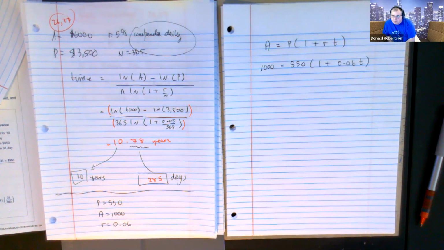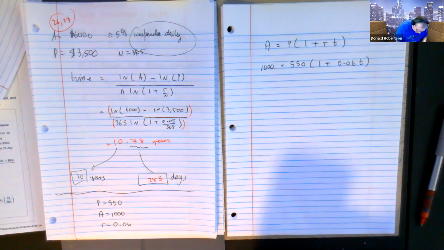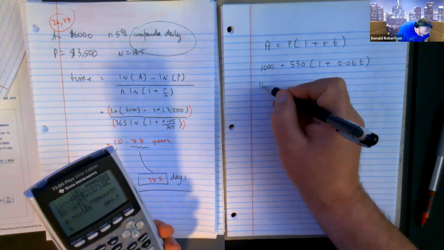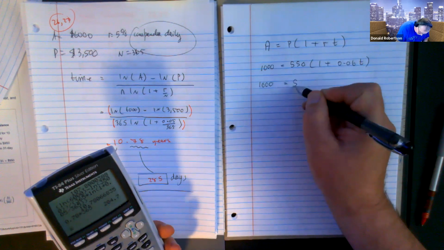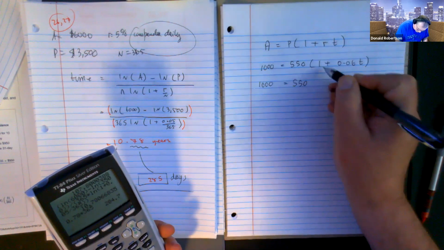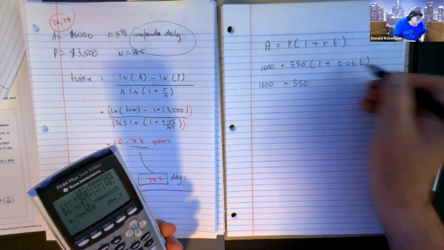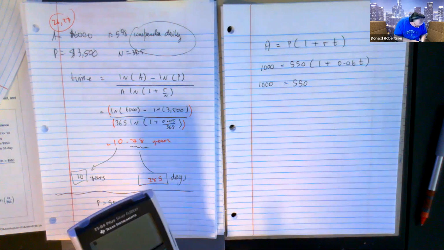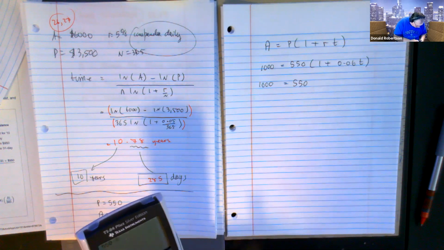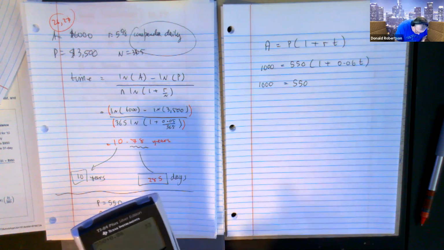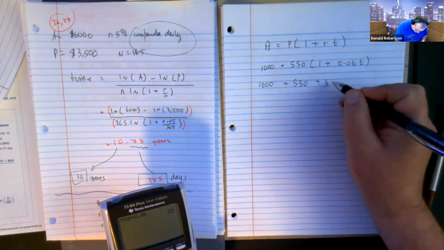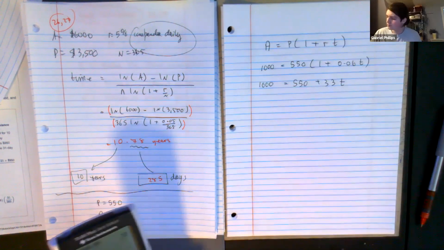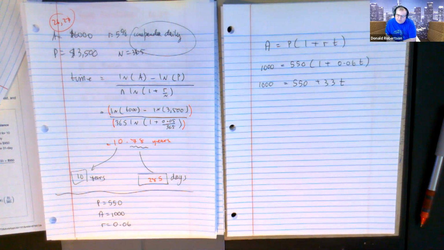Now, this is going to be a bit messier to calculate, but it is doable. I'm going to distribute by multiplying. So that times that, that times that. So I'm going to have to use a calculator. 550 times 0.06 comes out as 33. So that's what it looks like now. Now, if you look at that really carefully, isn't that just an algebra question that you can solve the usual way?